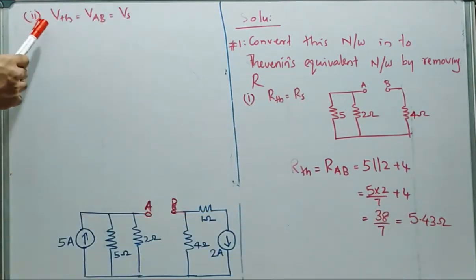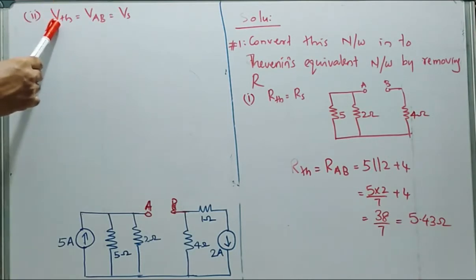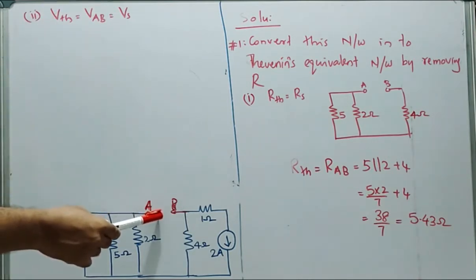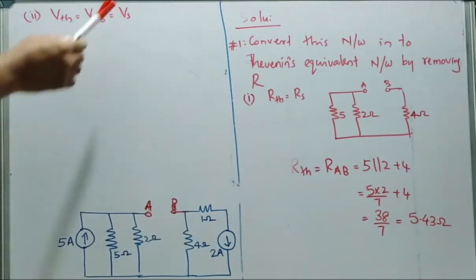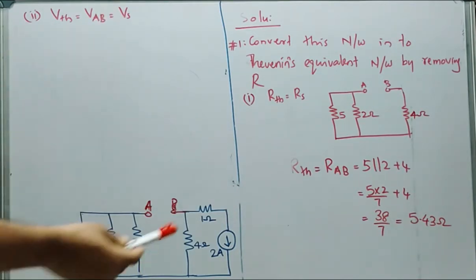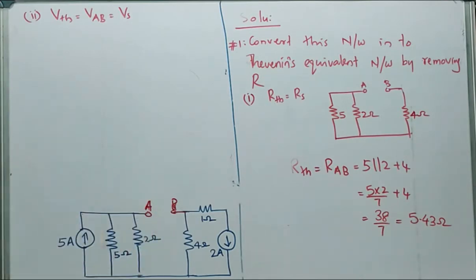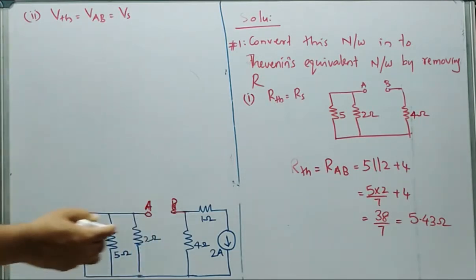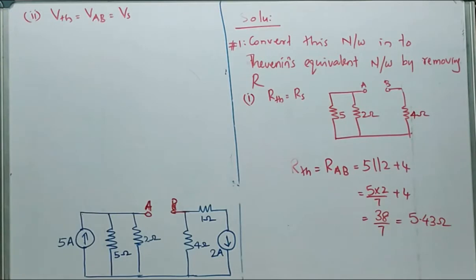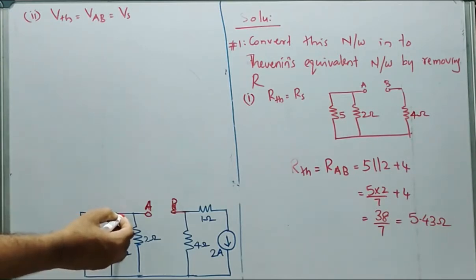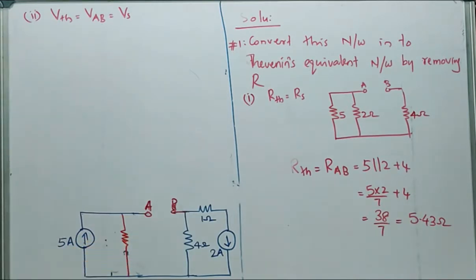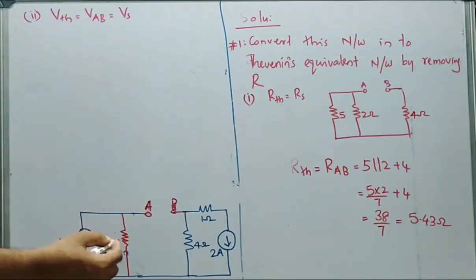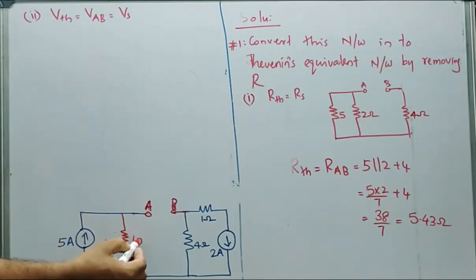The next step is to find Thevenin's equivalent voltage, that is, the voltage across the open circuited terminals A and B, which is the source voltage Vs. This is the corresponding network. Here, as these two resistances are in parallel, we can replace them by a single resistance having a value 5 into 2 divided by 7, that is 10 by 7.